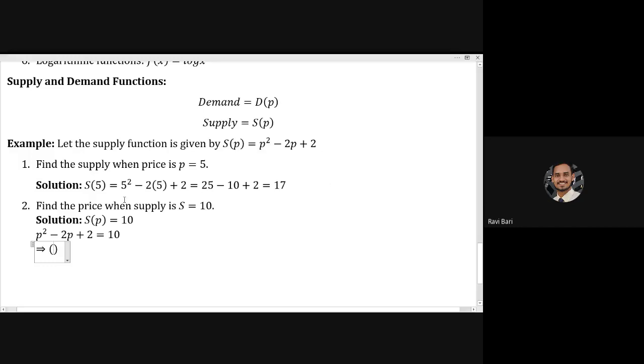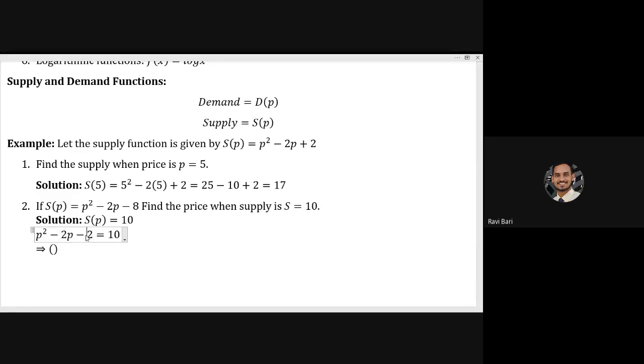So just change the question. Suppose supply is given as p square minus 2p minus 8, then find the price when supply is 10.